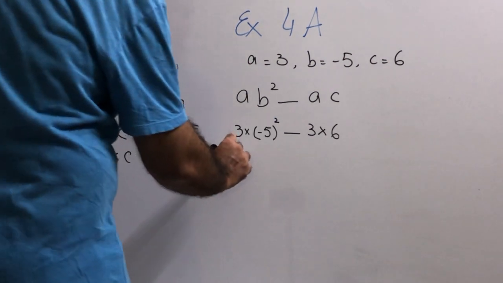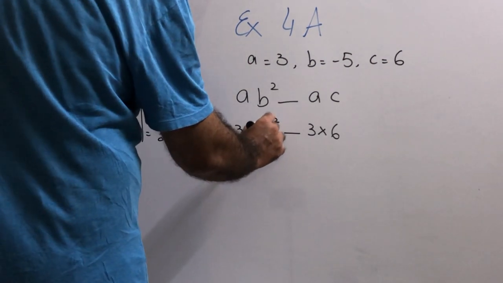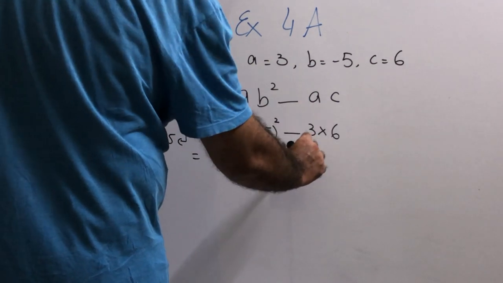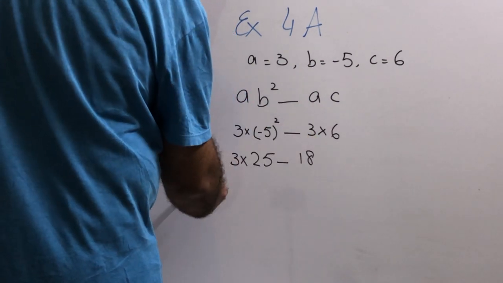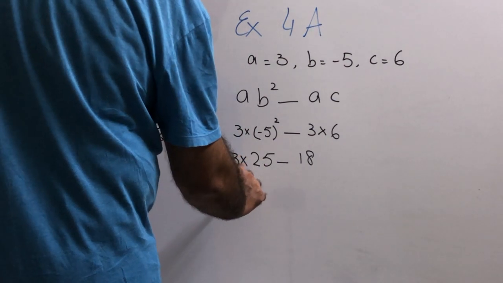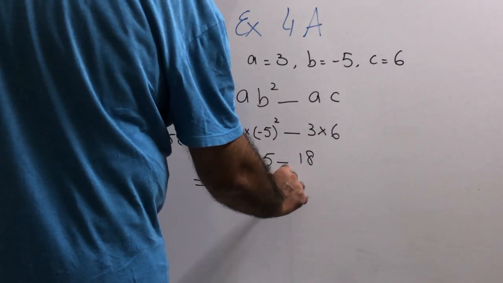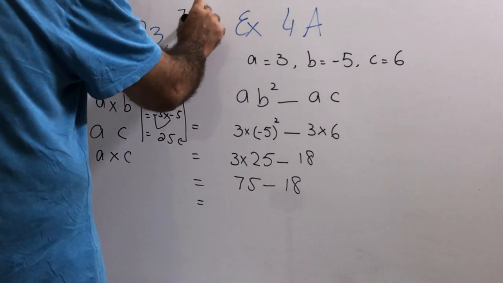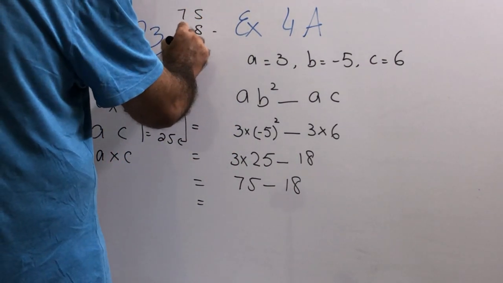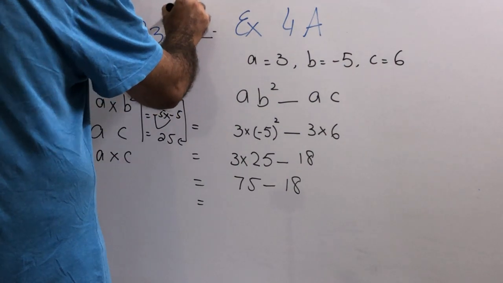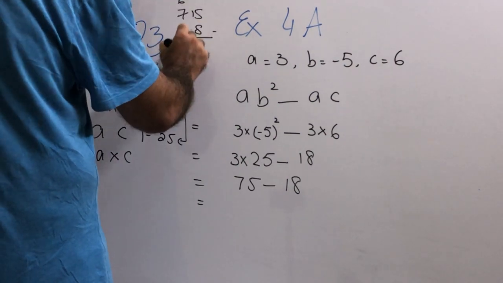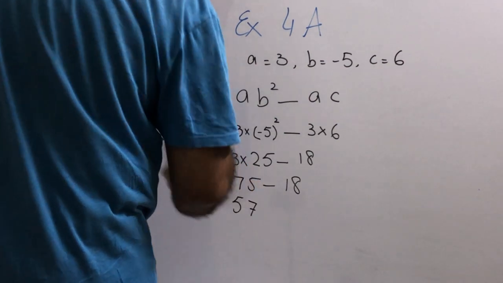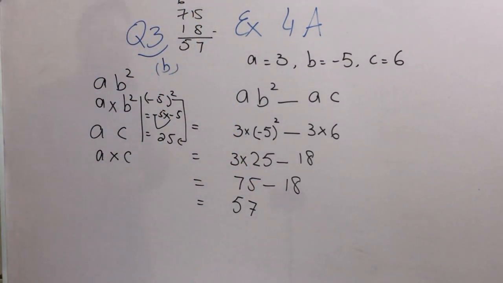Put 3 into this minus 5 square, it becomes 25, minus 3 into 6 is 18, then 25 3s are 75 minus 18. Now we will deduct 18 from 75, it becomes 57. 57 is the answer for part B.